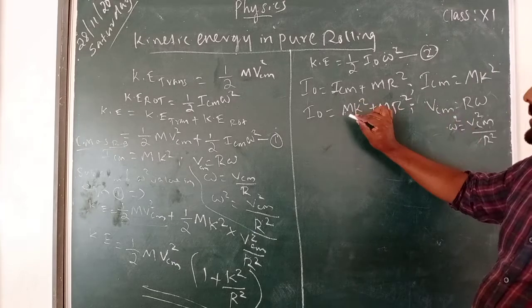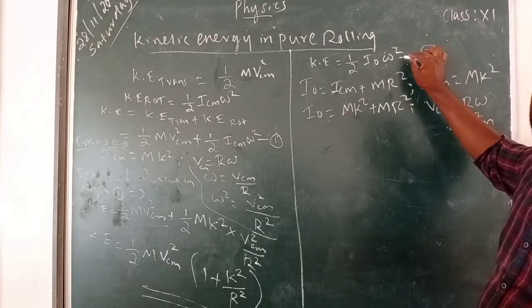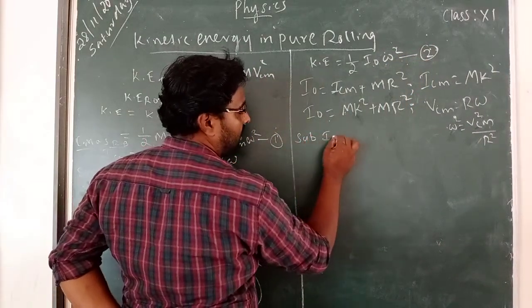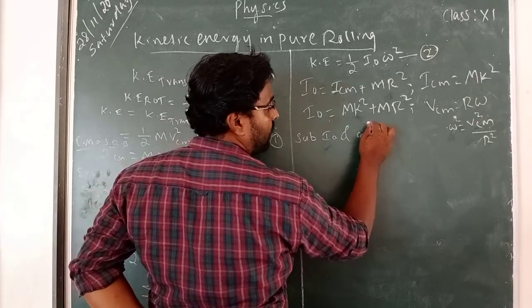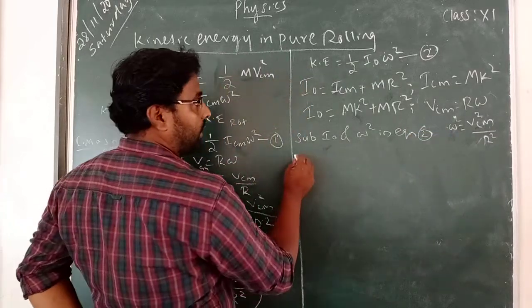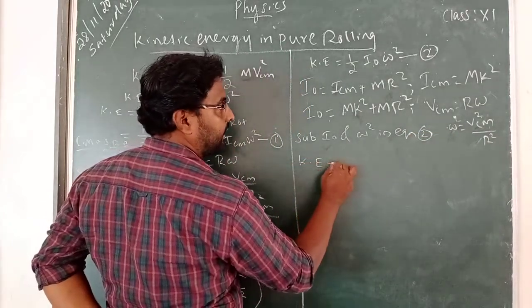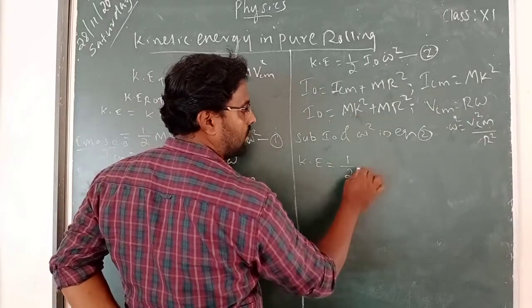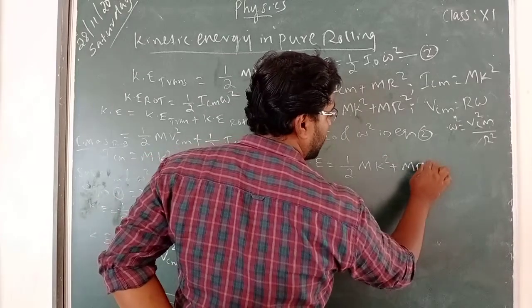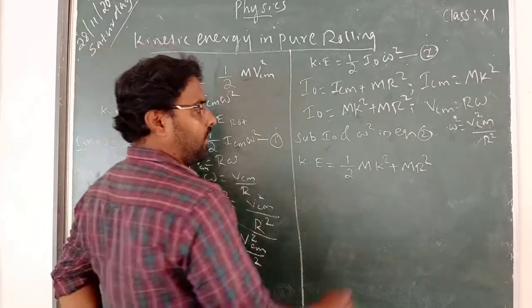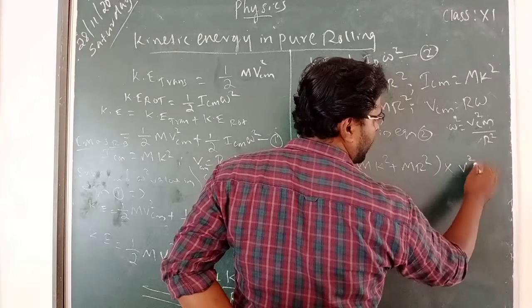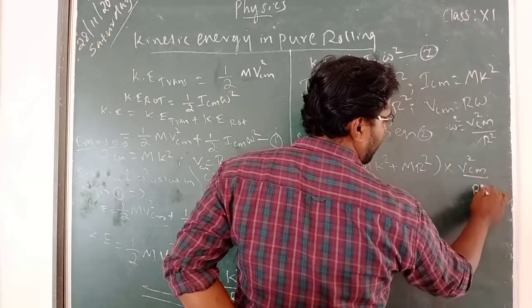So substitute this I0 value and omega square value in equation 2. So what we will get? Kinetic energy is equal to half into m k square plus m r square into omega square value, v square cm by r square.